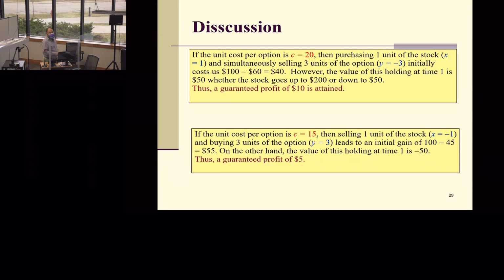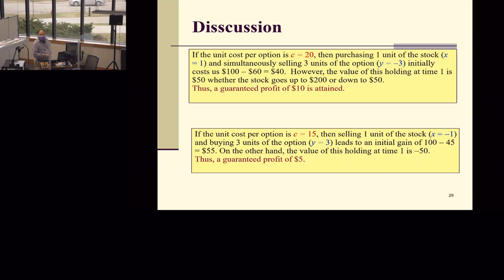If the current option price is $15, 3 times c equals 45, which is less than $50, correct? Make sense? So what am I going to choose? Short selling 1 share of stock right here. So x equals -1, and buying 3 units of options. So the initial cost will be what?